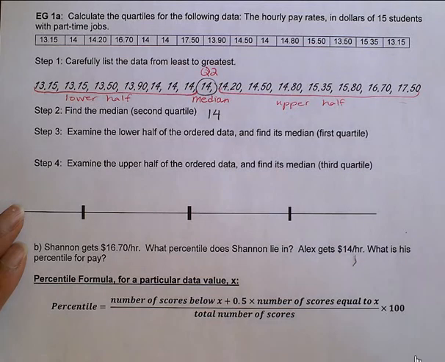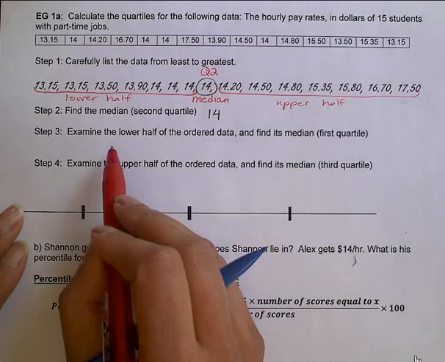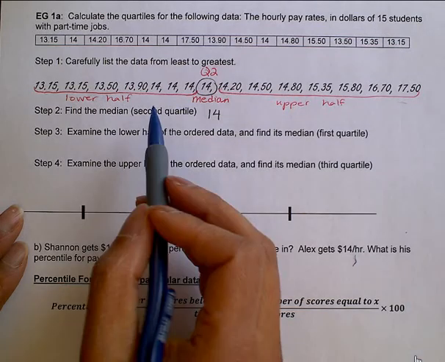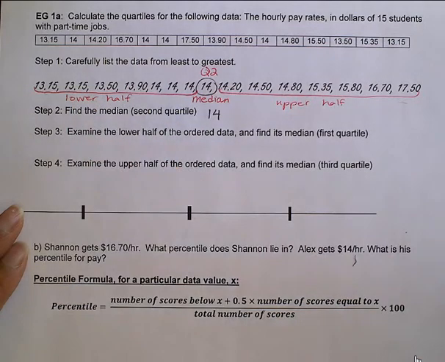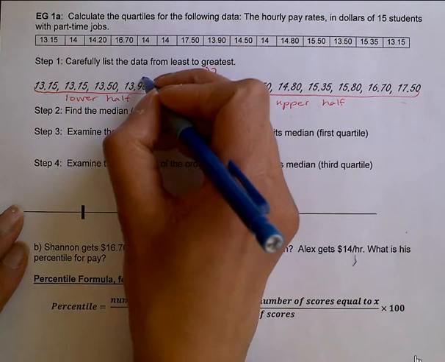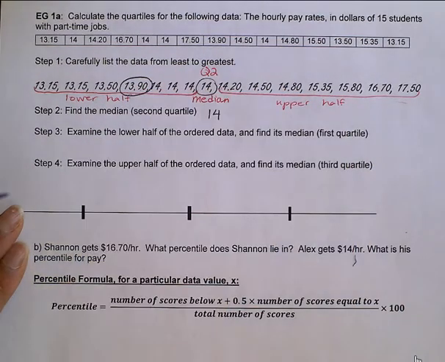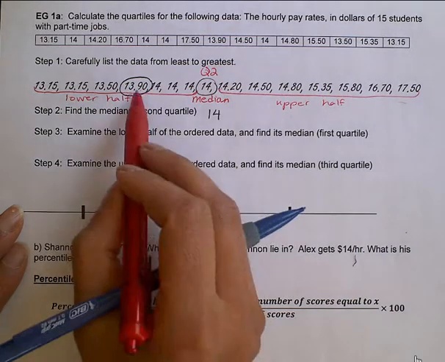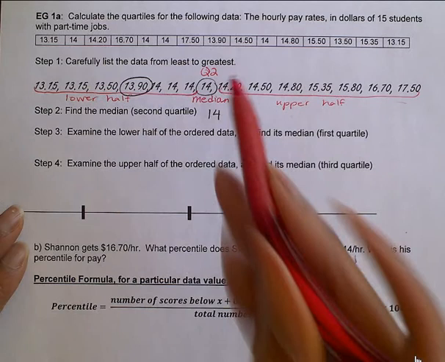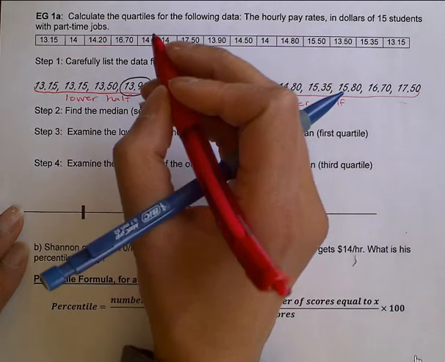Okay, so now what we're going to do next is we're going to find the median of the lower half of the data. So here I have 7 numbers. So my median of the lower half is at 1390. So I just want to double check. I have 3 numbers below it and 3 numbers above it in that lower half. So that is the median of the lower half.